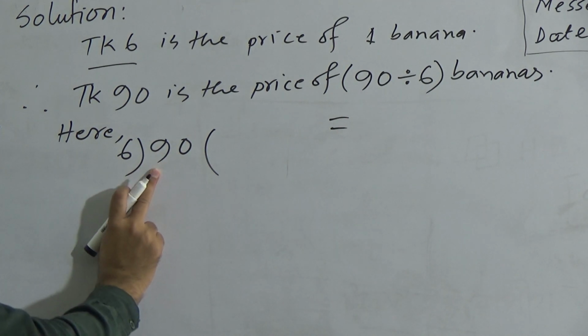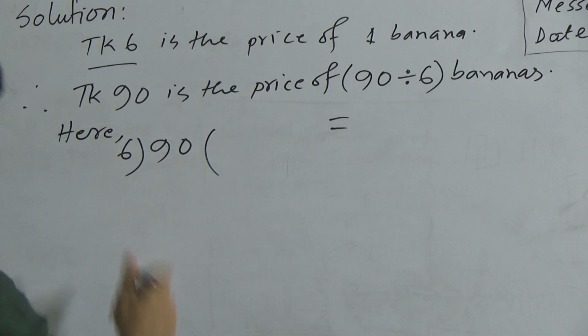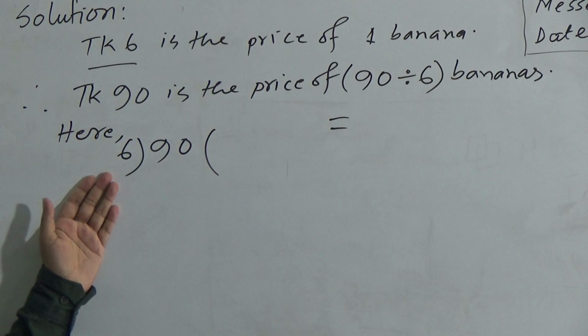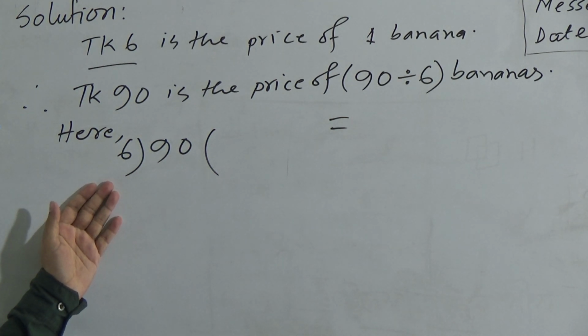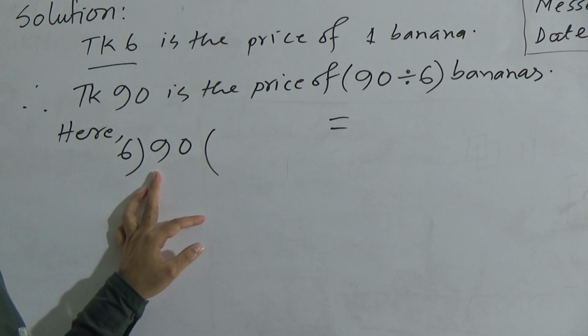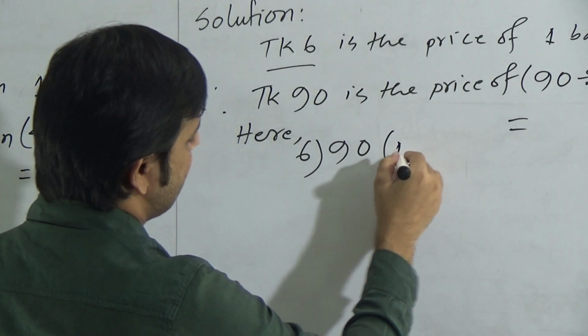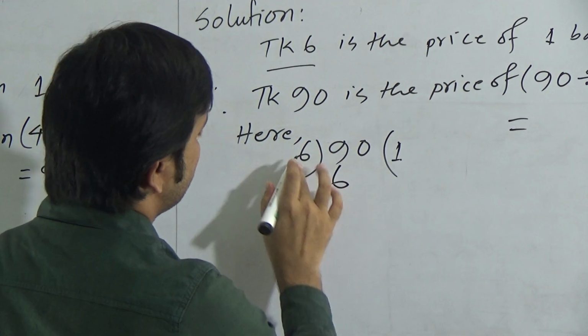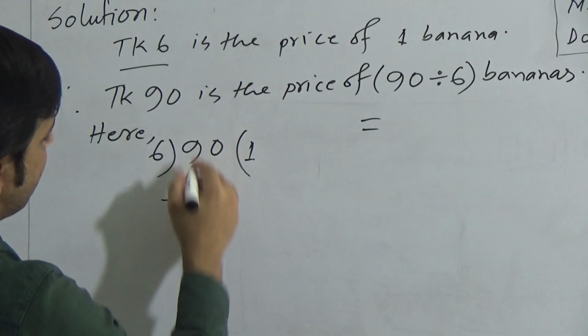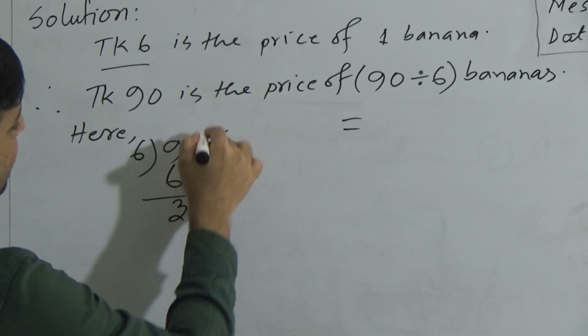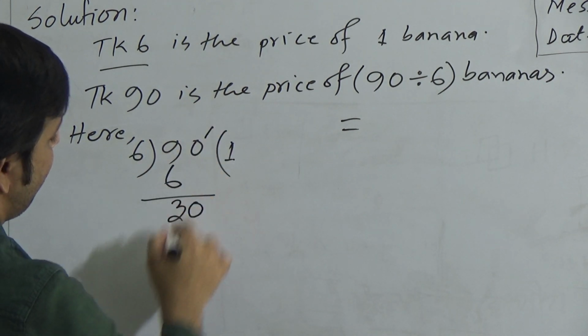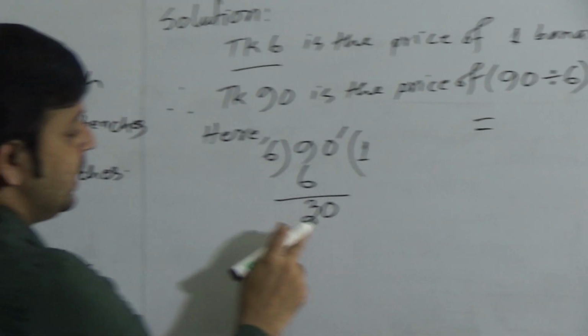Here first digit is 9, 9 is greater than 6, so we can divide. Say the times table of 6. 6 ones are 6, 6 twos are 12, but 9 is less than 12, so we have to take one time. If we take one time, that is 6 ones are 6. Now we have to subtract. If we subtract 6 from 9, we will get 3. We have to take this 0 below. Now this is 30.